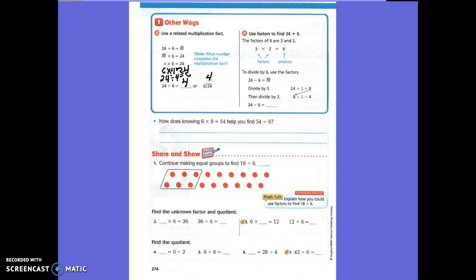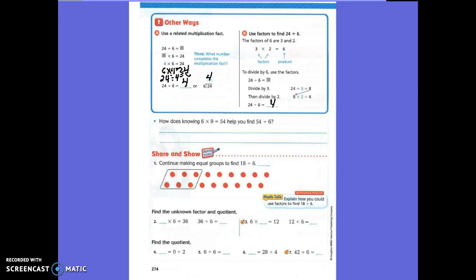And then you have to divide 8 by 2. 8 divided by 2 equals 4. So 24 divided by 6 equals 4. It's like doing the distributive property when you're dividing, like you used to do with multiplication. The only thing is you have to divide twice, and you don't do it with the same number.